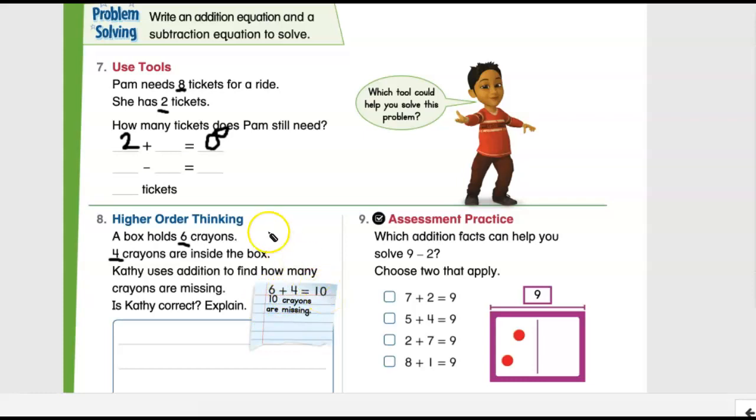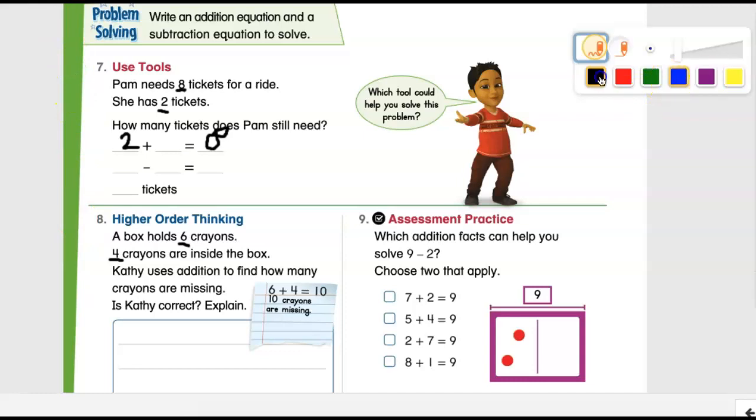Well, let's look at our problem again. If a box holds 6 crayons and there are only 4 crayons on the inside, and we want to find out how many are missing, did Kathy use the correct equation, yes or no? And if she did not use the correct equation, can you write the correct answer for the equation that Kathy should have used?